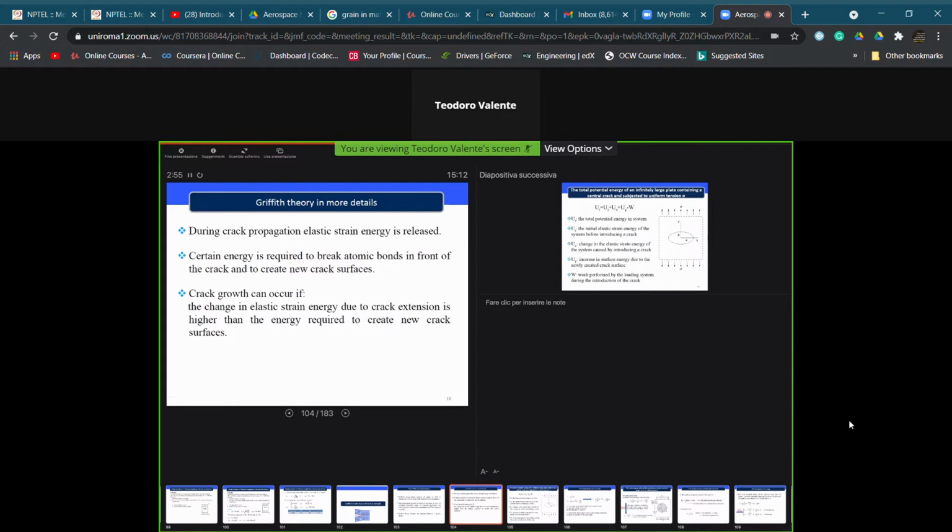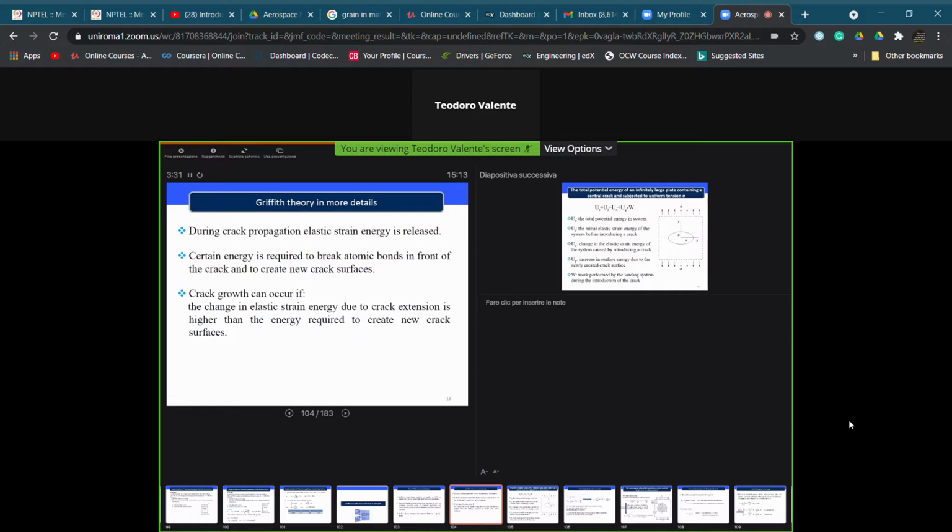At the same time, together with this elastic strain energy release, if the crack propagates, we have the formation of new surfaces. And formation of new surfaces requires energy. So we have two contributions. One is the elastic strain energy released due to crack propagation, that is available if it is released.